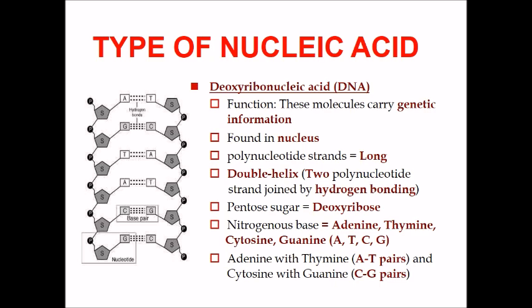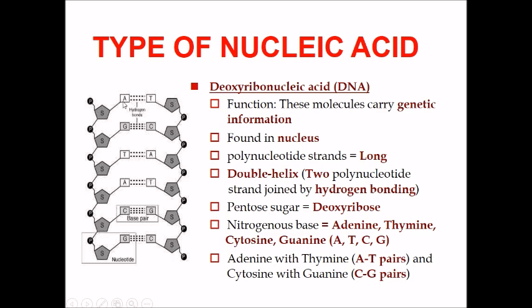The structure of DNA is a double helix structure because it has a double strand. This is the first strand and this one is the second strand. The first strand bonds together with the second strand through hydrogen bonds between the nitrogenous bases of this strand and the nitrogenous bases of the nucleotides of the second strand.